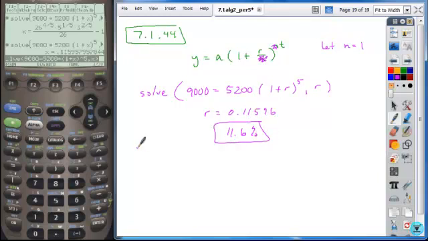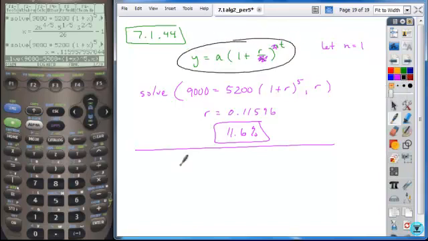Now what I'm going to do is use this to calculate part B. On part B I'm going to take this same equation right here, but now I want to find what the price or cost will be 5 years from now. So if I start with my original amount, which was 5,200, my 1 plus, now here's where what I do differs from what the book did.